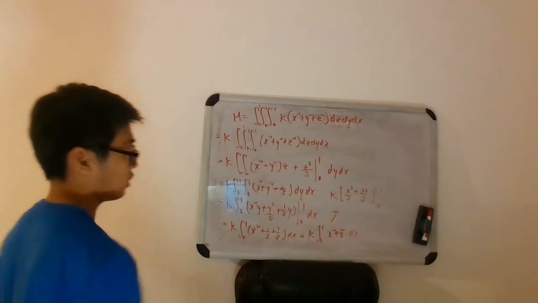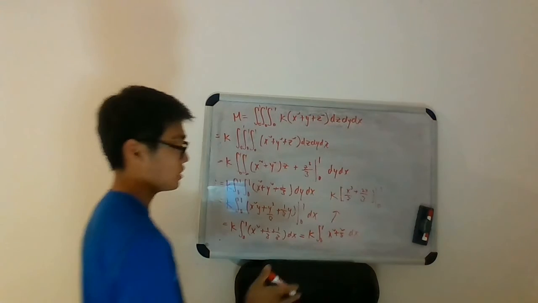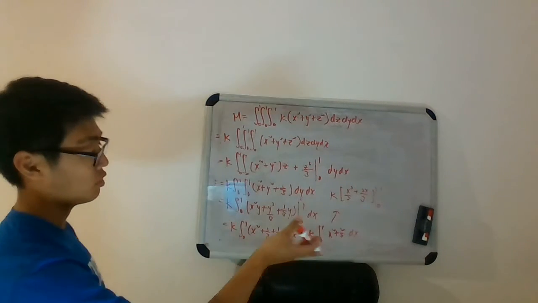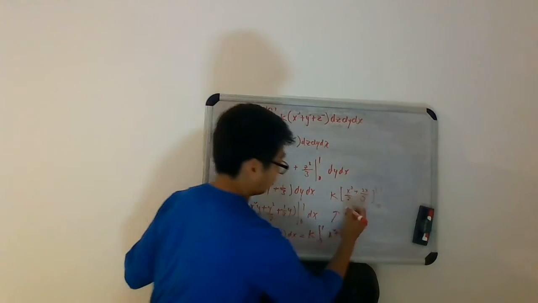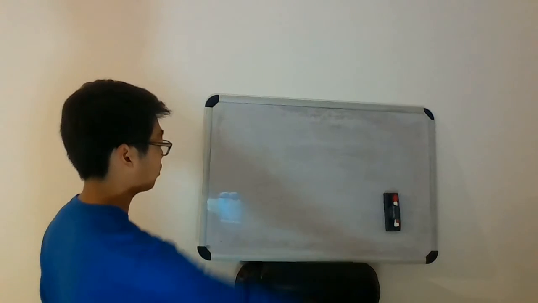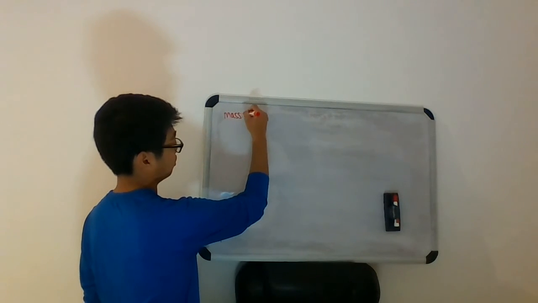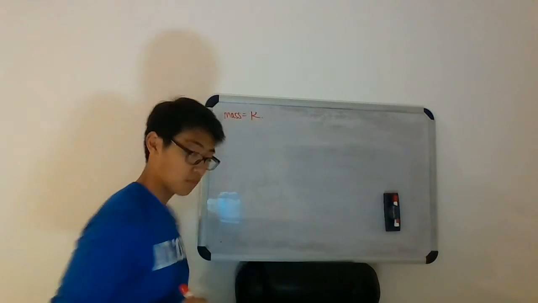And then if you use FTC again and you plug in 1 and then subtract 0 for the values of x, you'll get k. So we've determined that the mass of the cube is equal to k.